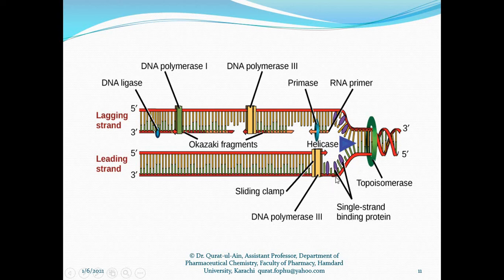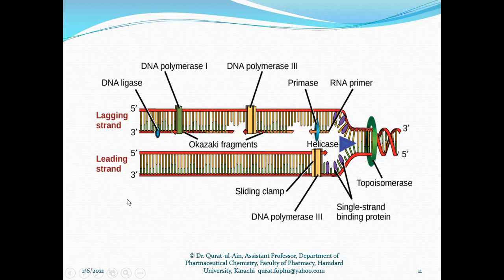Whenever the two DNA template strands are separated from each other, the single stranded binding protein would bind on each template strand and make it straight, so DNA polymerase can easily run on the template strand and synthesize the new strand.